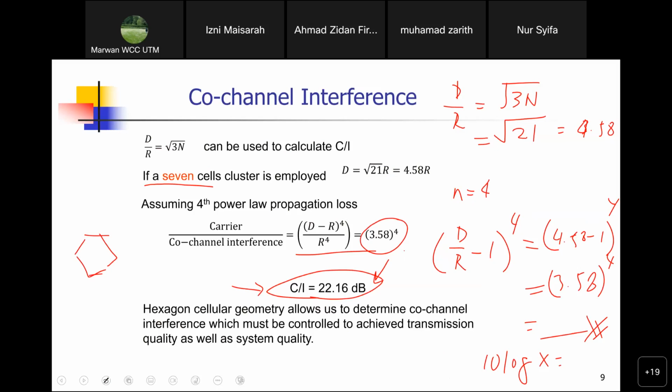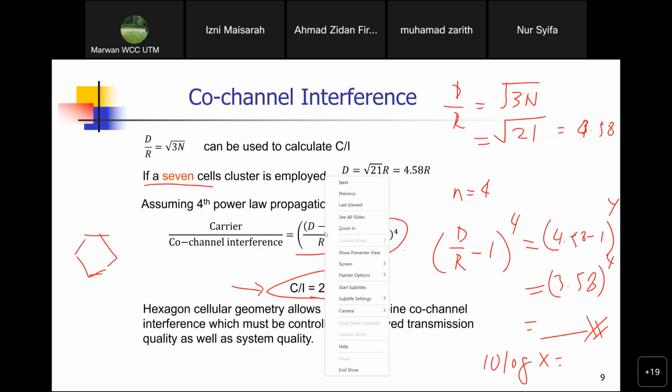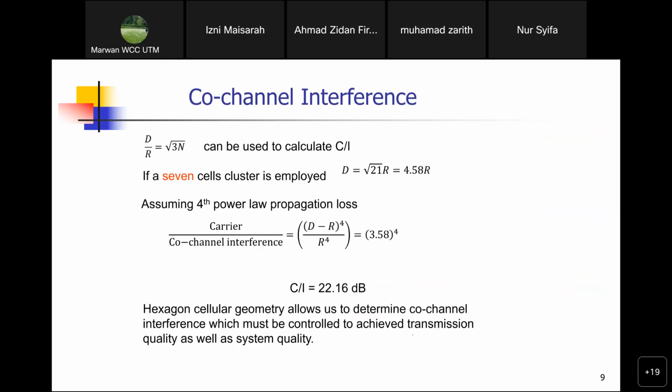Everyone can get it? 3.58 to the power of 4. How to get that 3.58? Okay, thank you.